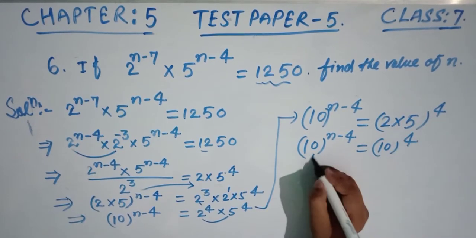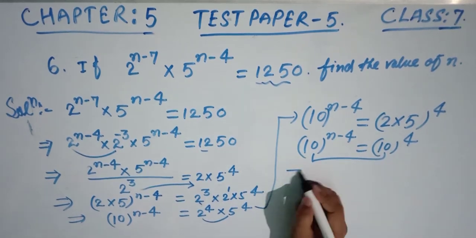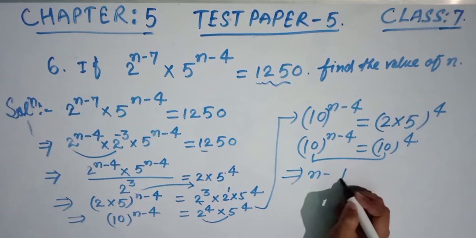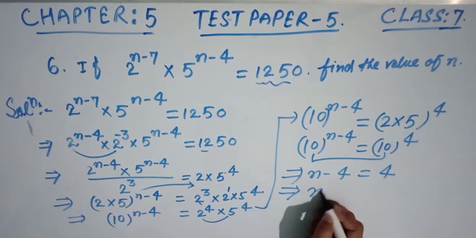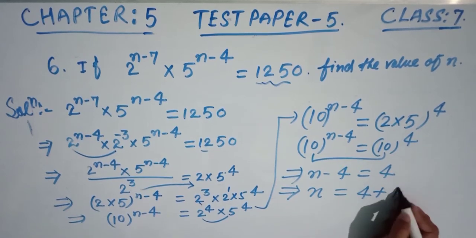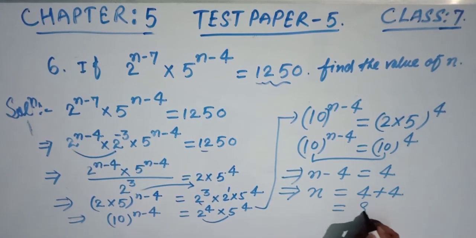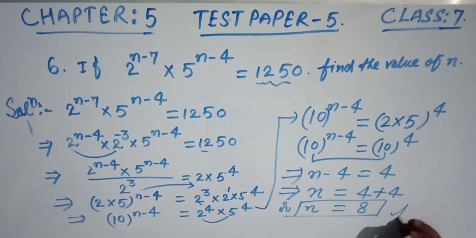So look at these two bases are same. When the bases are same, then equate their exponents. n minus 4 is equal to 4, and we have to find the value of n as it is. So this 4 as it is, bring this minus 4 to the right hand side, positive 4. This is 8, friends. Hence n is equal to 8. This is your answer, friends.